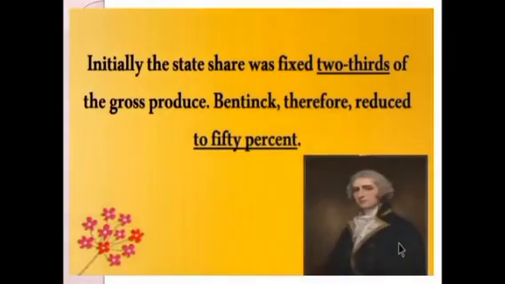Initially, the state share was fixed at 2/3 of the gross produce. Bentinck therefore reduced it to 50%. So, Lord William Bentinck made certain changes to the Mahalwari system and reduced it to 50%.